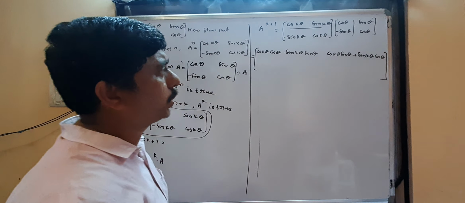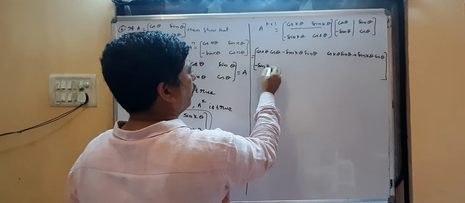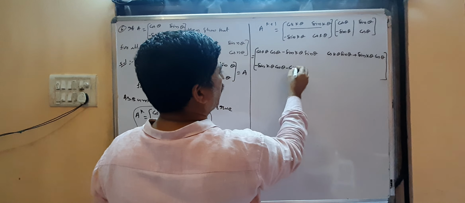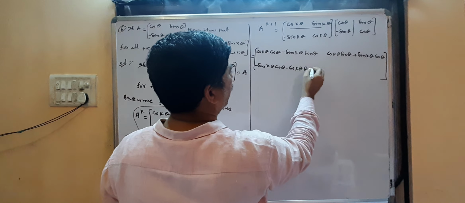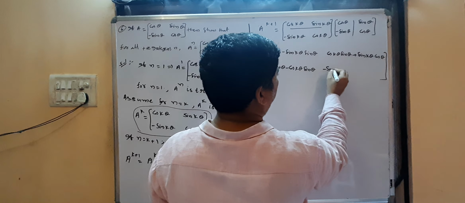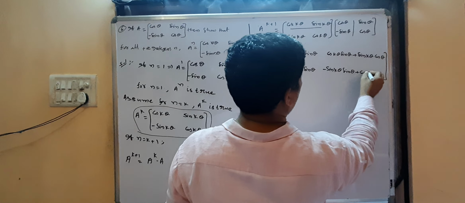Second row into first column: minus sin k theta into cos theta plus into minus, minus cos k theta into sin theta. Second row into second column: minus sin k theta into sin theta plus cos k theta into cos theta.